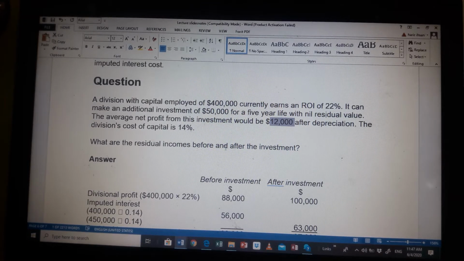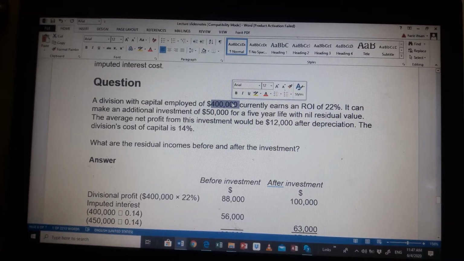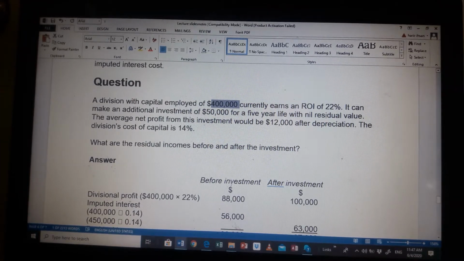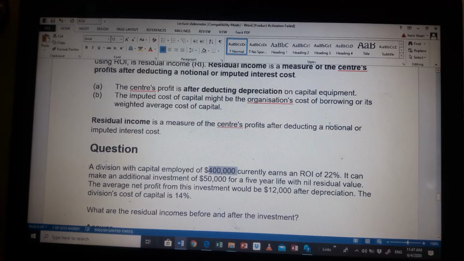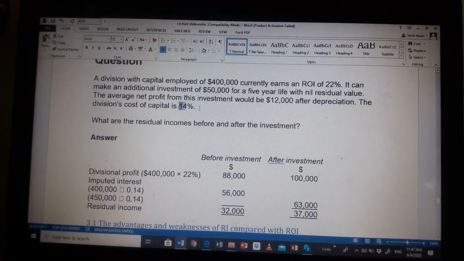So capital employed 400,000 earns around 22%, so therefore it gets 22% of the capital employed, so it will have 88,000 before investment, and then we have to calculate the interest that we will be paying to the parent company, in which the cost of capital is 14%.